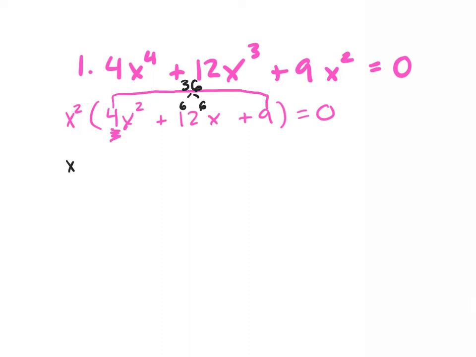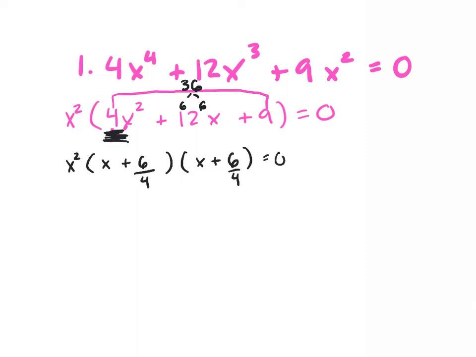So we have this x squared that stays outside. What goes inside of our parentheses? X plus 6 and x plus 6. Can't forget that we started with a number that was not 1, so what do we do with this 4? Divide both of our numbers on the inside by 4.